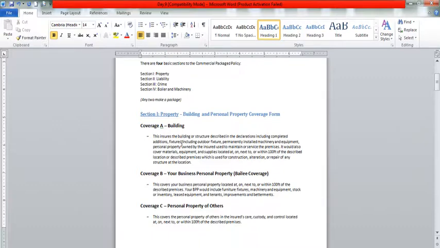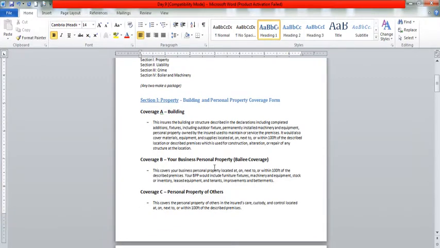Coverage A, building, insures a building or structure described in the declaration, includes completed additions, fixtures including outdoor fixtures, permanently installed machinery and equipment, and personal property owned by the insured, used to maintain or service the premises. It will also cover materials, equipment, and supplies located at or next to, within 100 feet of, the described location.